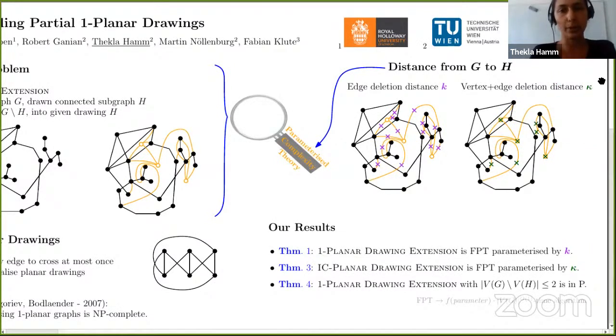The parameters we use are based on the deletion distance from G to H, a very natural way to measure how far H and G are apart. More specifically, we looked at the edge deletion distance: how many edges do you need to remove from G to arrive at H, and potentially some isolated vertices. We also looked at the vertex plus edge deletion distance, where you are also allowed to remove vertices with all incident edges.